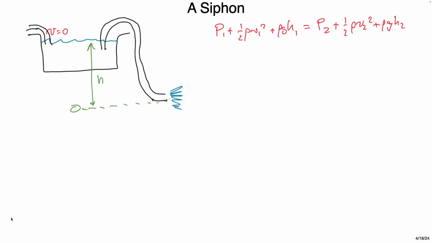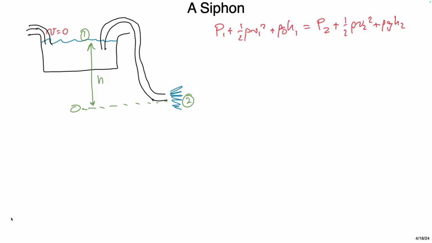And then we're going to compare that again with the surface of water because that seemed to be a really important thing in our experiment. I'm going to call point number 1 to be the surface of water in the tank, and I'm going to call point number 2 to be where the water is exiting from the end of the hose. Just like conservation of energy, we want to pick 2 points where we're either trying to find something or we know something.